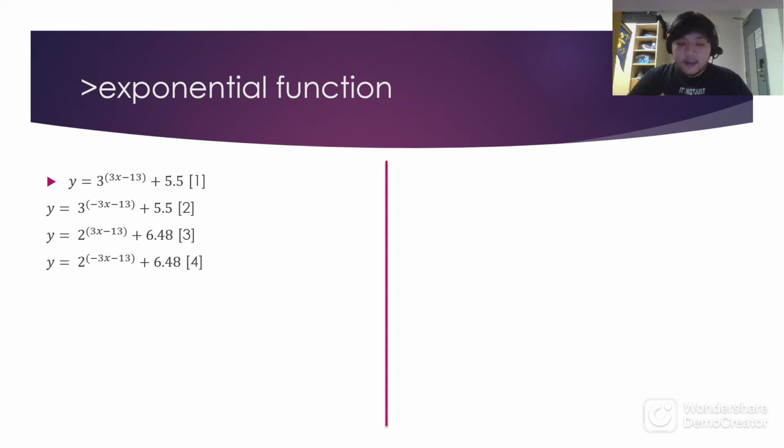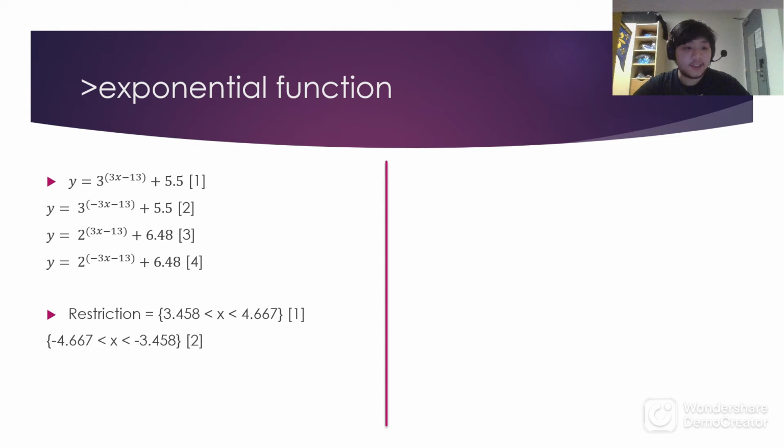The restriction for number 1 is x greater than 3.458 but less than 4.667. Number 2, the restriction is x greater than -4.667 but less than -3.458. Number 3's restriction is x greater than 2.5 but less than 4.663. And number 4's restriction is x greater than -4.663 but less than -2.5.